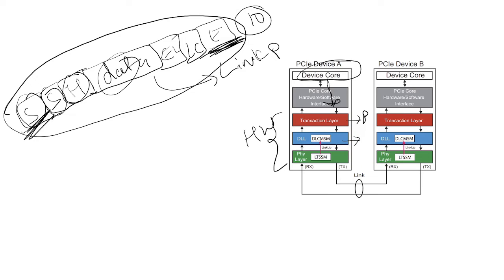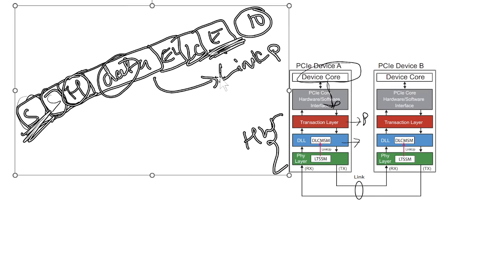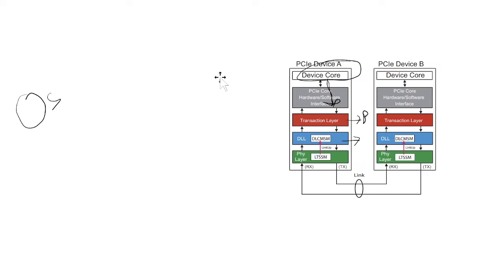In the data link layer, one feature is the ACK protocol. Let's see what actually happens and what the use case of the ACK protocol is. Let us assume you have 10 packets generated from the transaction layer.